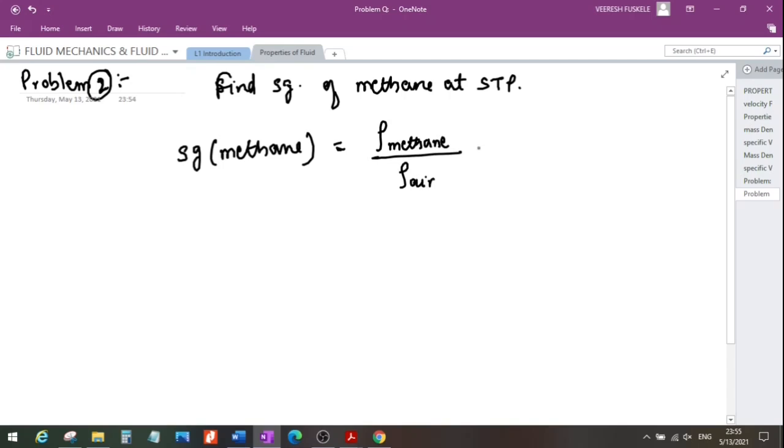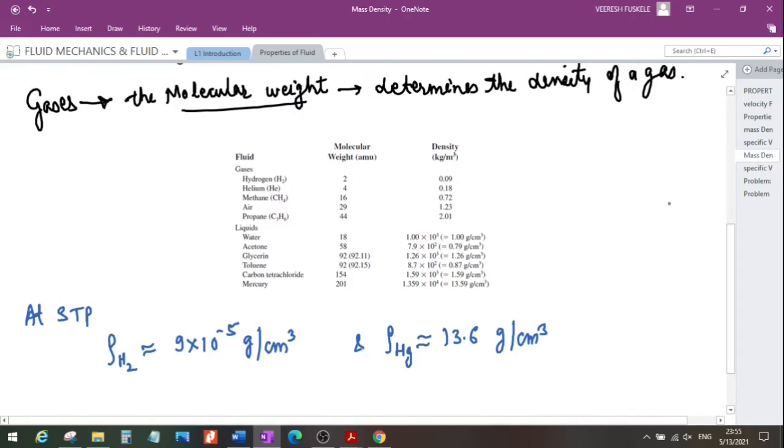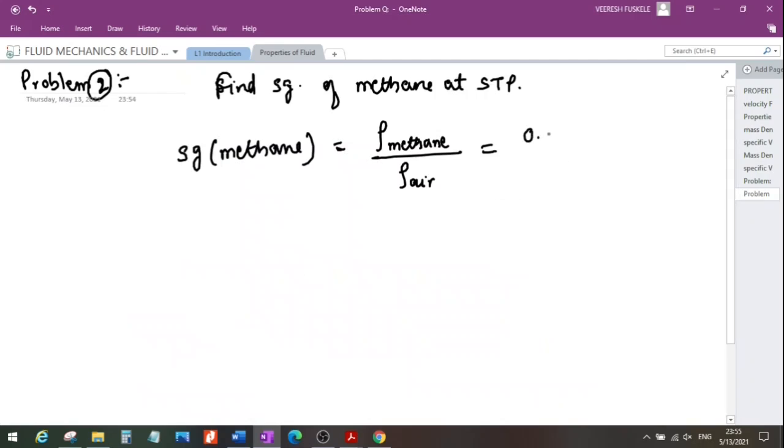So let us see what are the values. The density of methane is 0.72 and density of air is 1.23, right? So it is 0.72 divided by 1.23, both in kg per meter cube. The specific gravity for methane comes out to be 0.5.